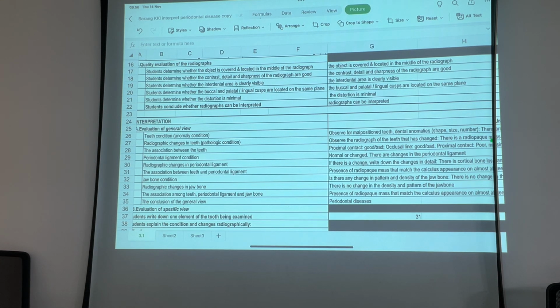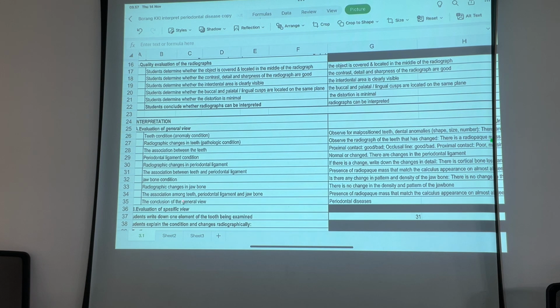Maybe later in the advanced module, when we learn about the systemic condition, maybe there will be changes on the pattern. So almost all of the radiographs, there is no change in the density and pattern of the jawbones.